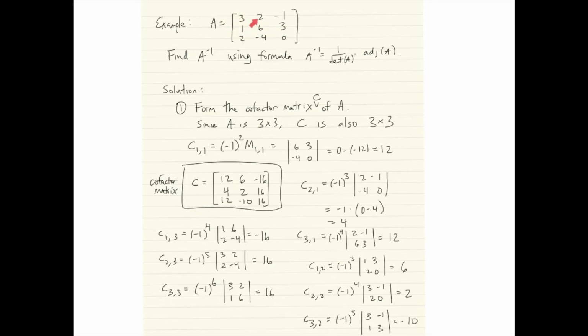What you're left with is 2, -1, -4, 0. That's what I copied down here, and I've taken its determinant. 2 times 0 is 0, -1 times -4 is +4, subtract that +4, and you get -4, which with the sign factor gives 4.